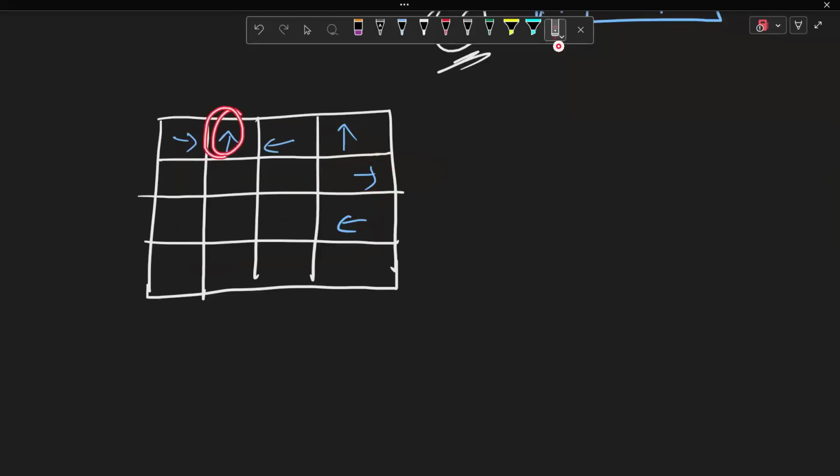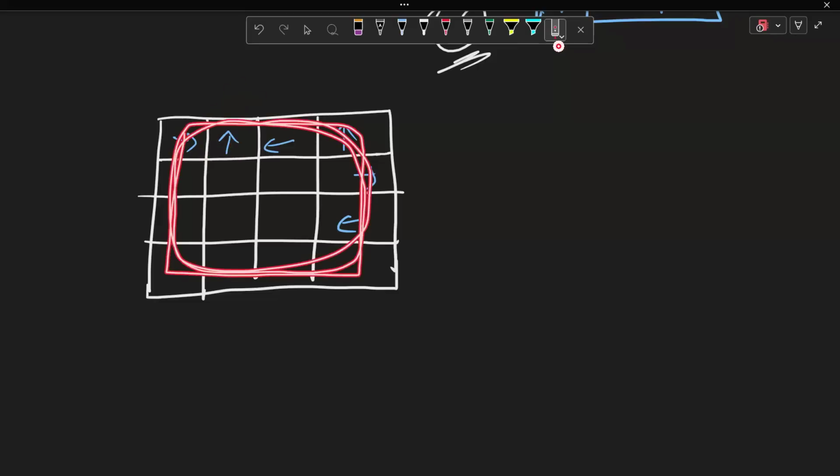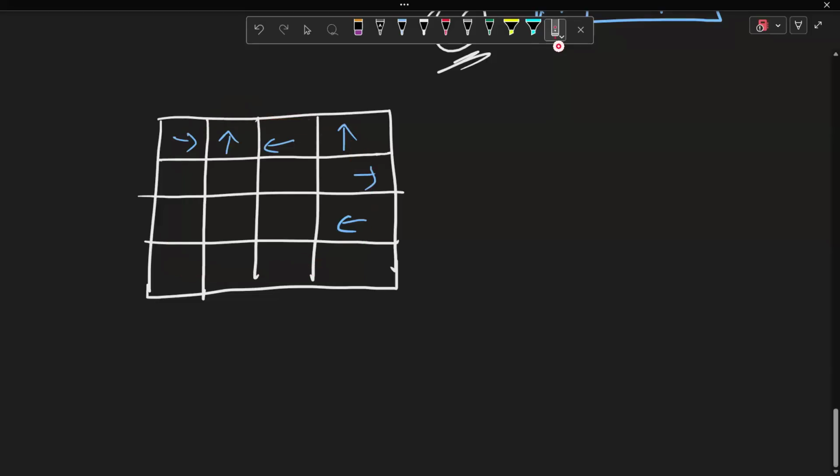And if I'm at some corner point like this and I go out. So for all the points on the boundary of your grid which are pointing outside the grid, from that point you would get freed. So the value of that would be like 0, you can say.